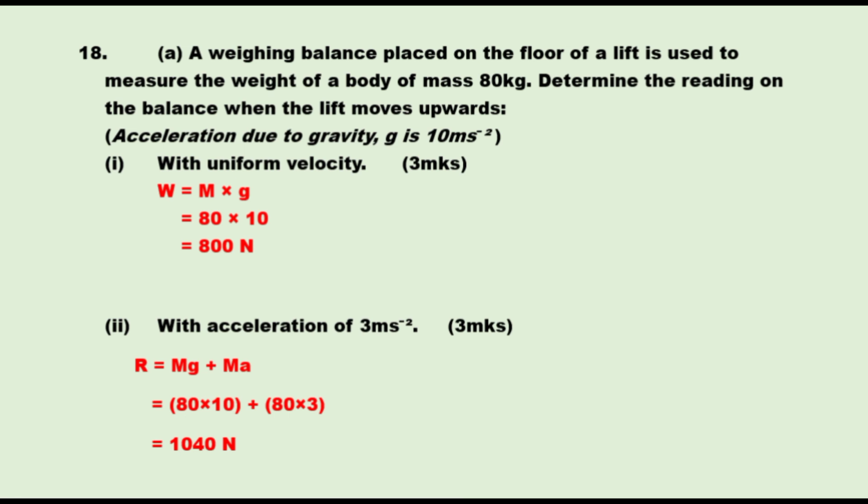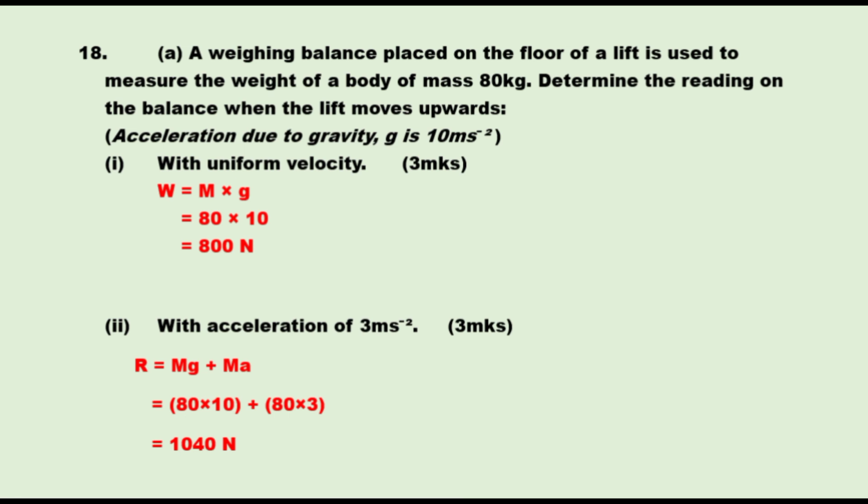18A, a weighing balance placed on the floor of a lift is used to measure the weight of a body of mass 80 kg. Determine the reading on the balance when the lift moves upwards, Roman 1, with uniform velocity.